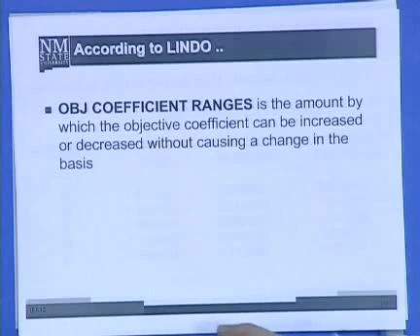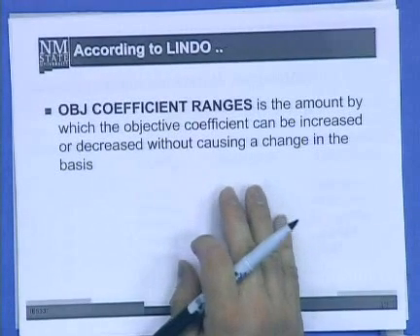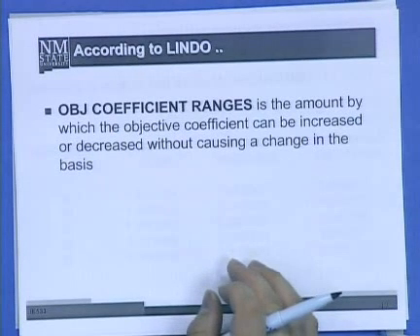And this range indicates how far the associated objective coefficient may change before the current solution values must change to maintain optimality. Okay? So within these ranges, the current optimal solution remains the same.